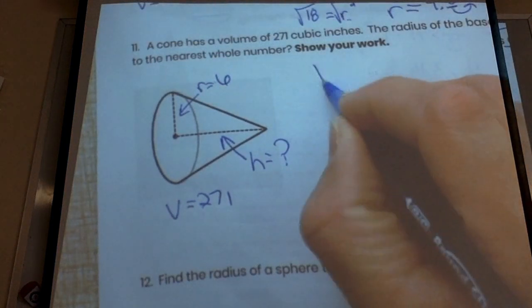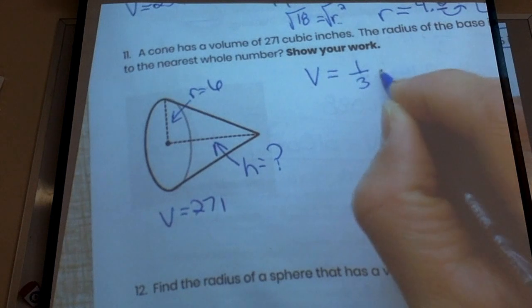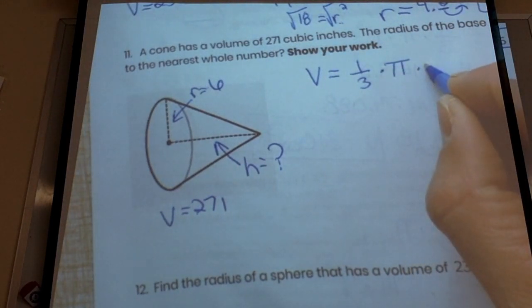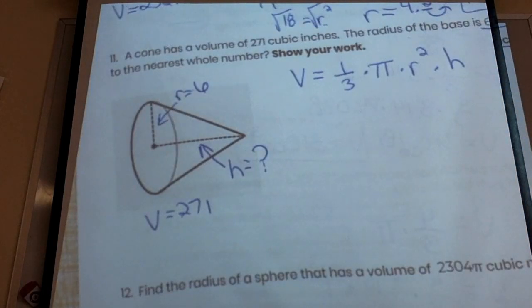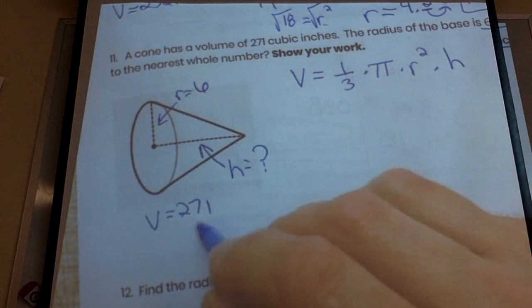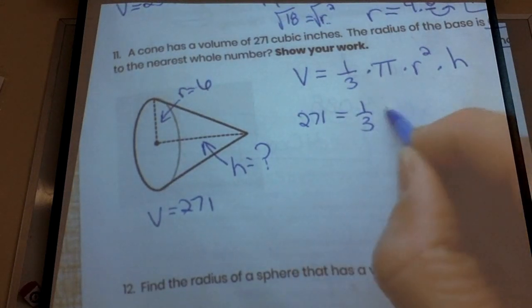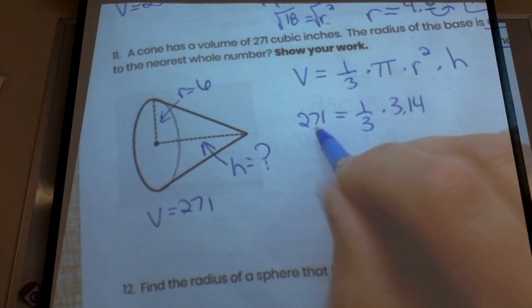So our volume of a cone is 1/3 times pi times radius squared times our height. So we're going to plug in everything that we know. So in this case, I know my volume is 271 equals 1/3 stays the same. This time I'm going to use 3.14. You notice this volume, the volume that gave us, doesn't have a pi.